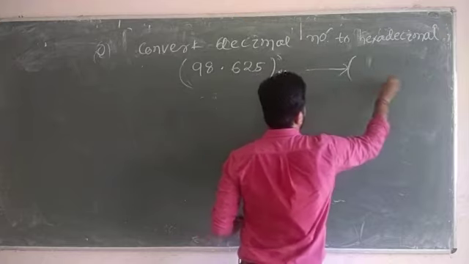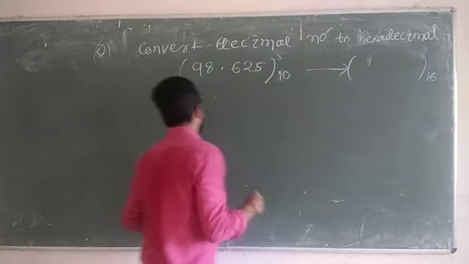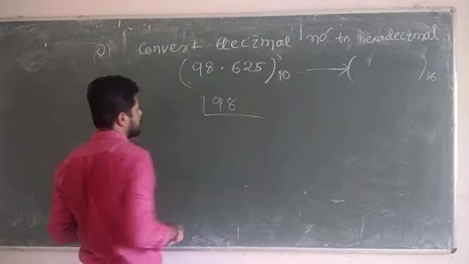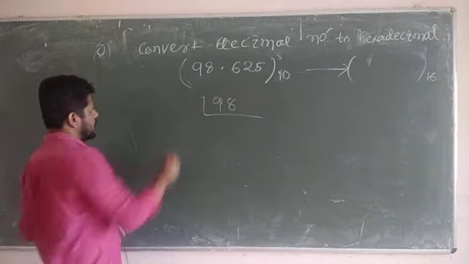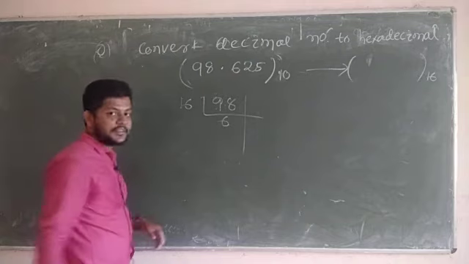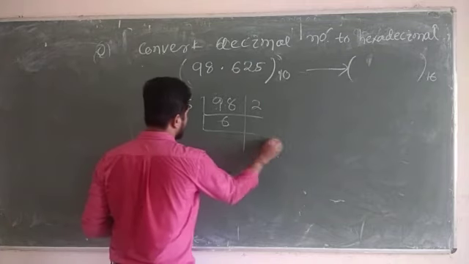So 98, obviously you want to divide by 16, so 16 into 6 is 96, the remainder will be 2.